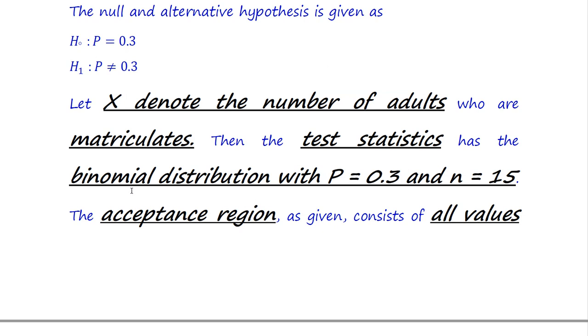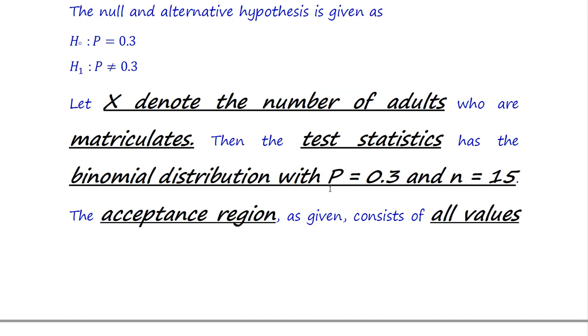As you know, in this data set we have two outcomes, one is matriculate and the other is not matriculate. So this follows the binomial distribution, and the binomial distribution has two parameters. First, here in this question, is the proportion of adult population who are matriculate, which is 0.3.